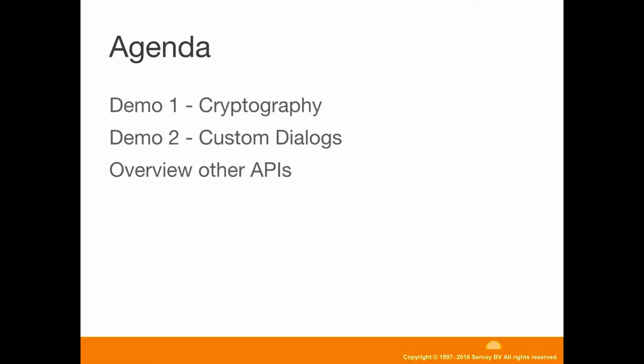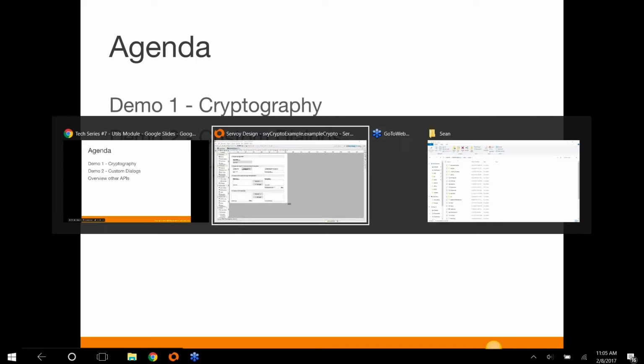But then we'll take a quick look at a list of the APIs and sort of what they do, so that you can get a feel for what else is in there and what kinds of stuff will be in there in the future. So let's start with the demo, and then we'll do a little overview.